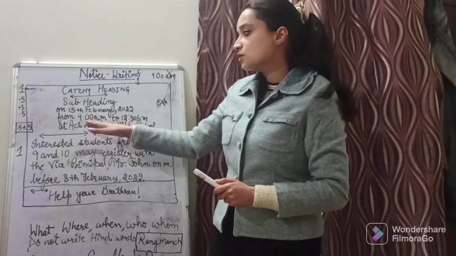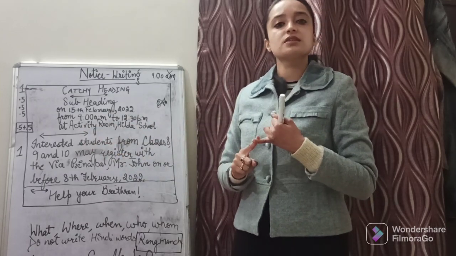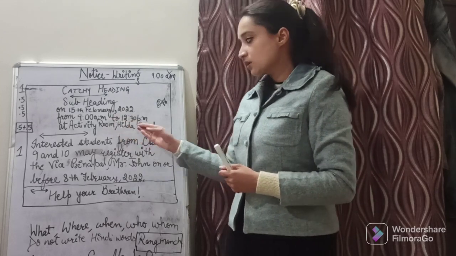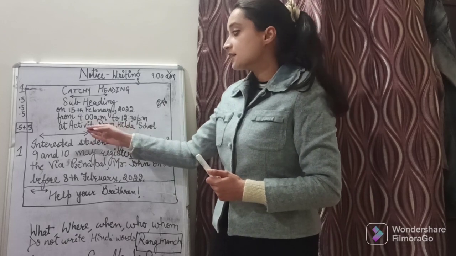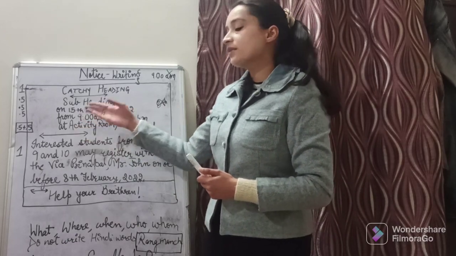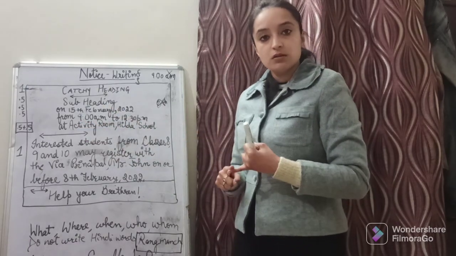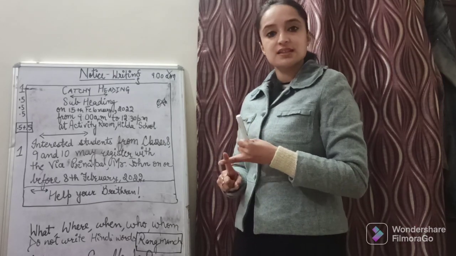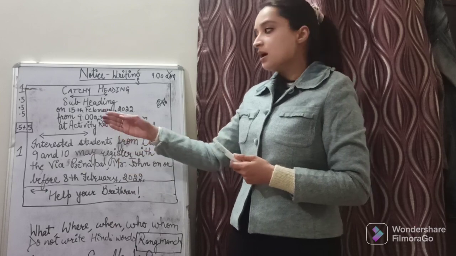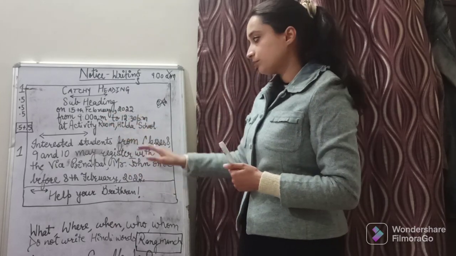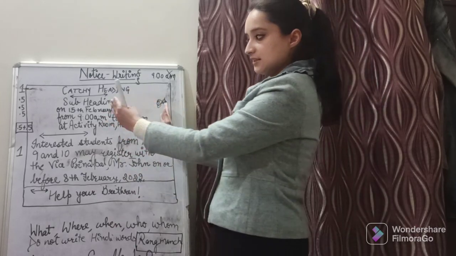Here in place of activity room, you can write community hall if it is happening in a colony. And then you can follow it by the name of the colony. If it is in the school, you can write auditorium, seniors ground, basketball ground. Then you can write activity room, activity hall, etc. This again is in the center.